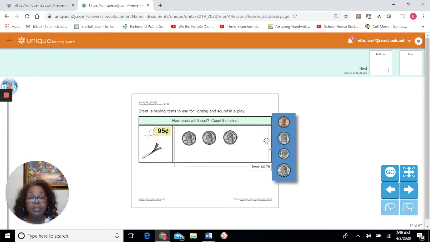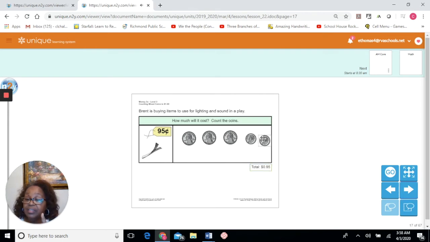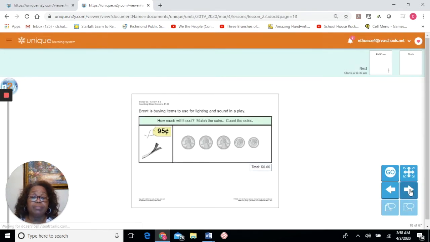Remember our chart. 75, if we move down, that would be 85. And 85 and 10 more, 95. That solves the problem. Let's count. 25, 50, 75, 85, 95. Excellent. That was a little bit hard, but you did a fabulous job.